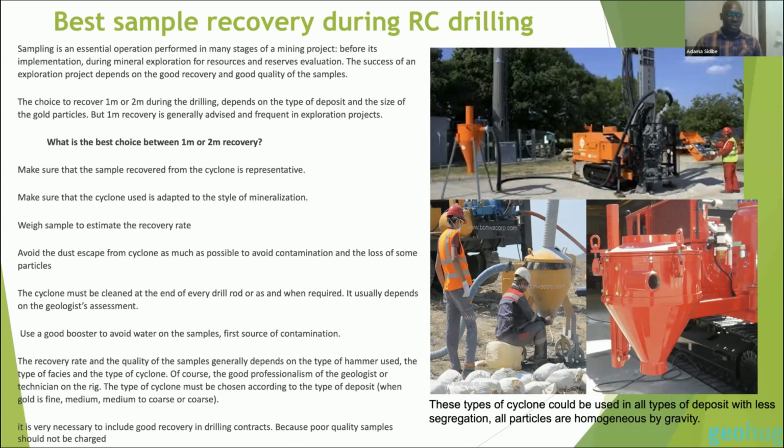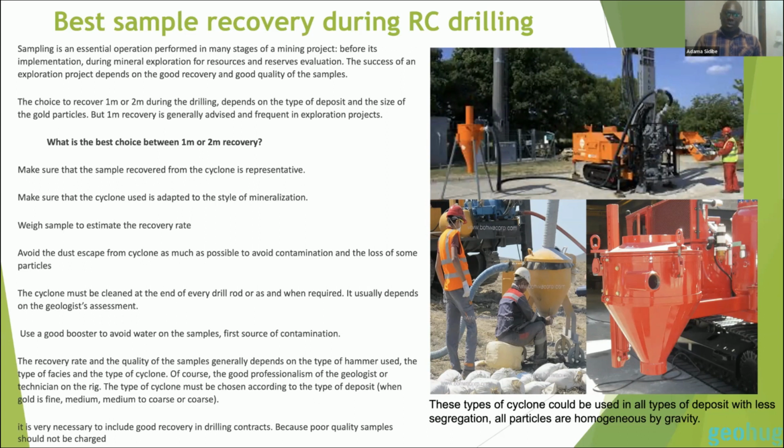First, make sure that the sample recovered from the cyclone is representative. Second, make sure that the cyclone used is adapted to the scale of mineralization. Some cyclones are only adapted when the grain size is fine to very fine.